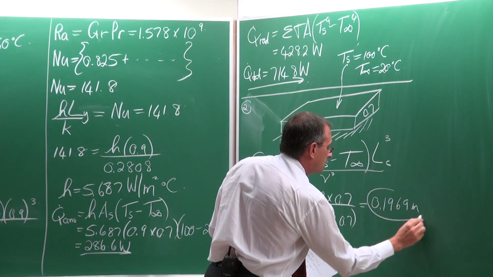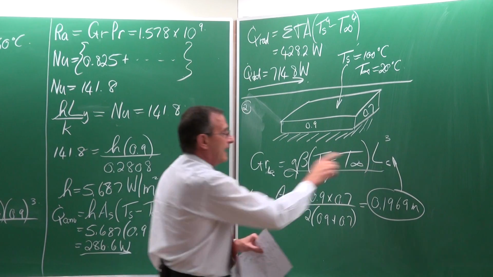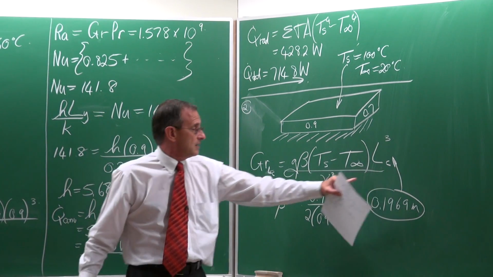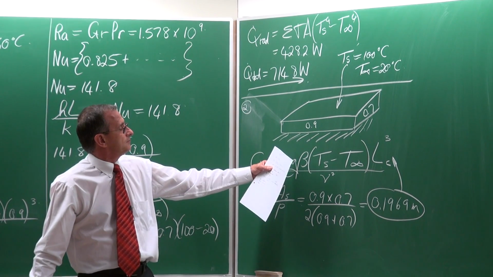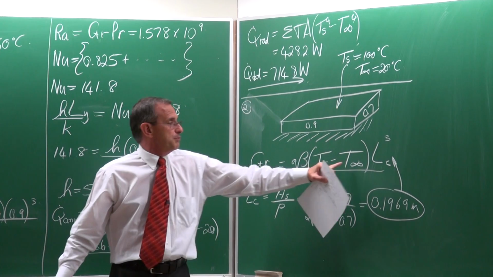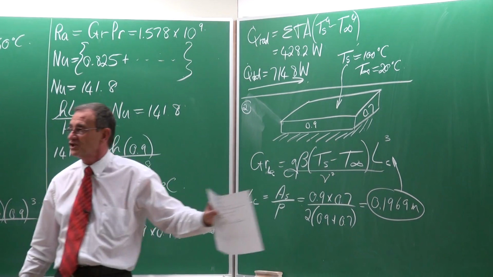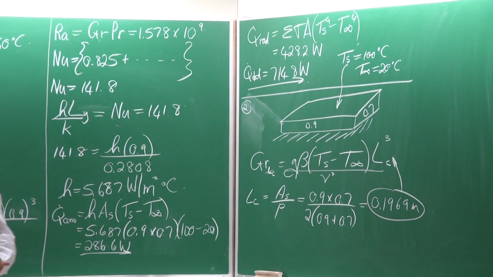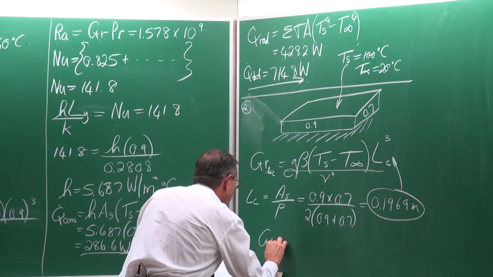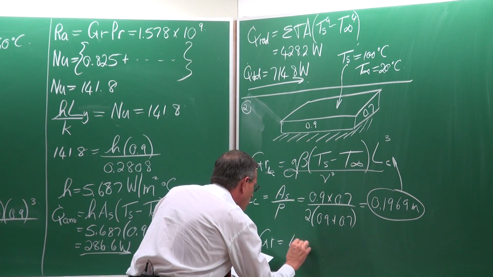Right, now we can put this back in calculating. g stays the same, beta stays the same, the temperature difference the same, and the viscosity the same. So the only thing that changed was the characteristic length. You agree? Okay.